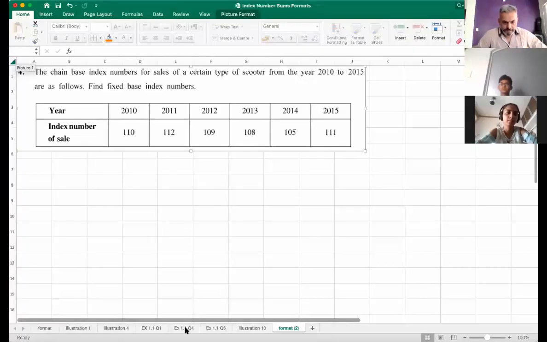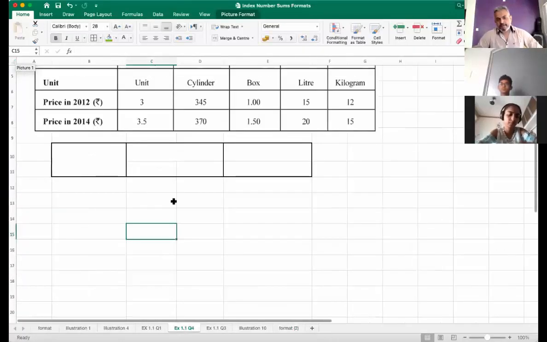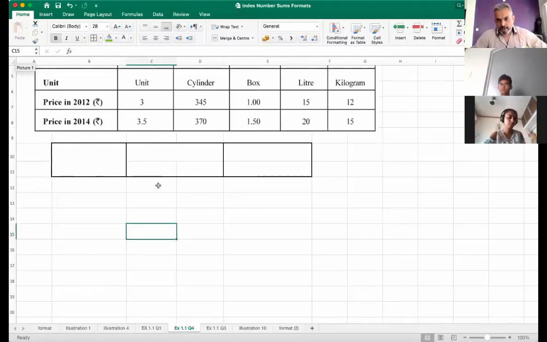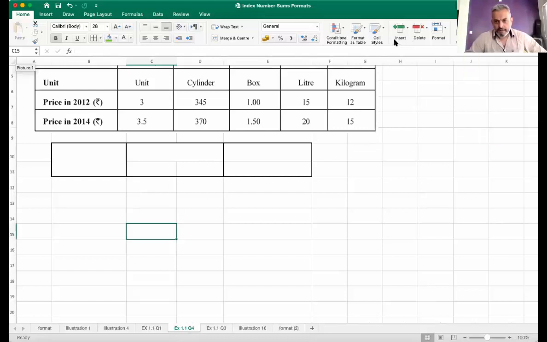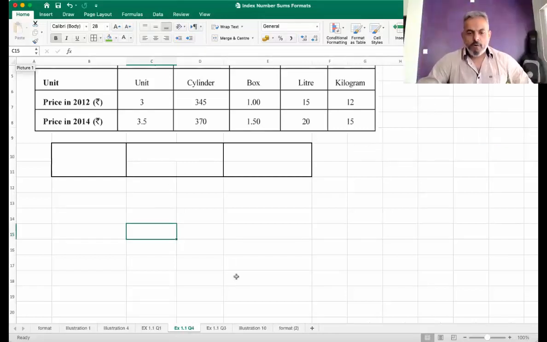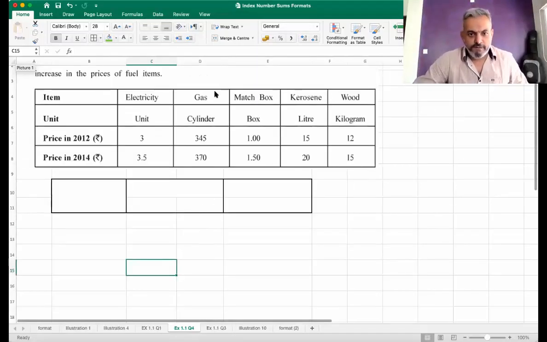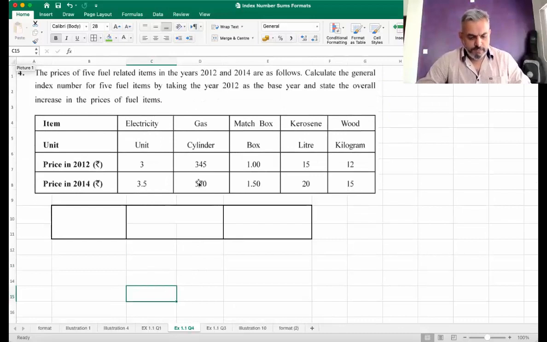Now we will see exercise 1.1, question number 4. Come to exercise 1.1, question number 4. Now let's read the question first. Exercise 1.1, question 4, page number 15.